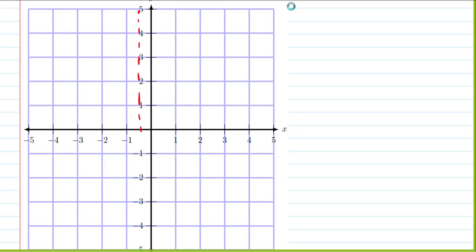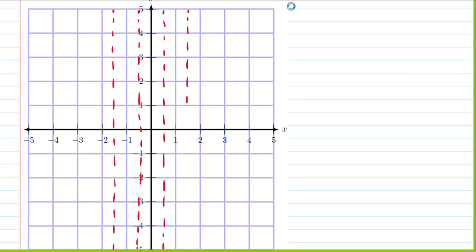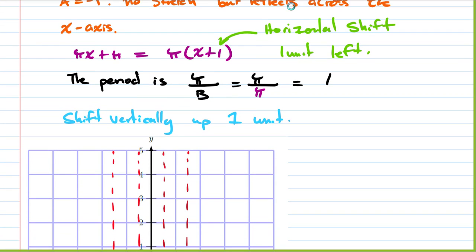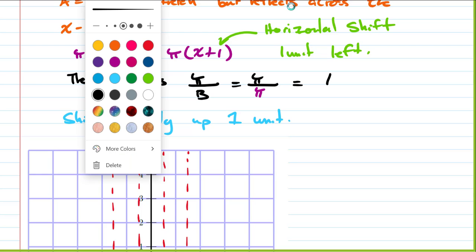So our period's 1 unit, which means we're going to have our vertical asymptotes at a half. So we're not going to stretch, but we're going to reflect across the x-axis. We're going to shift 1 unit left. Our period is 1, and we're going to shift up 1 unit.